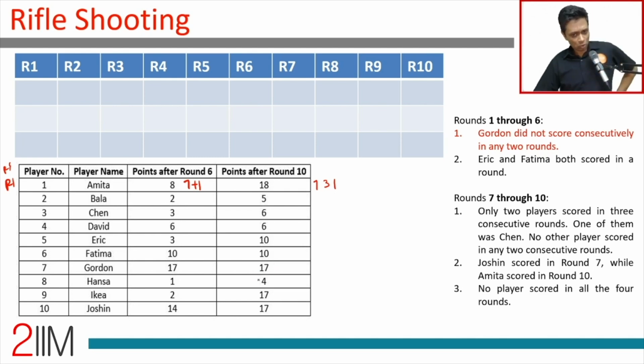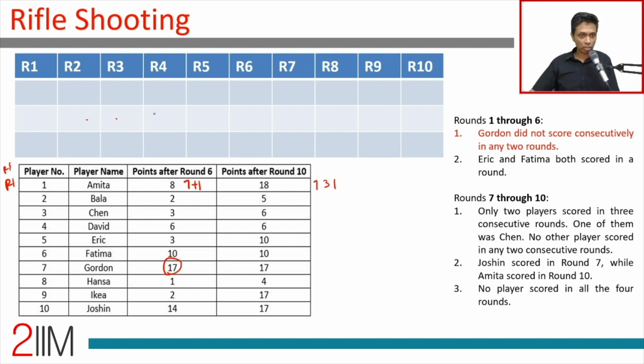We can make inferences like this for each player. And so now we need to have a plan for this, and we cannot just go making each of these inferences. Let's look at the constraints. Gordon did not score consecutively in any 2 rounds. Now Gordon scored 17 points after round 6. He's not going to be there in round 1.